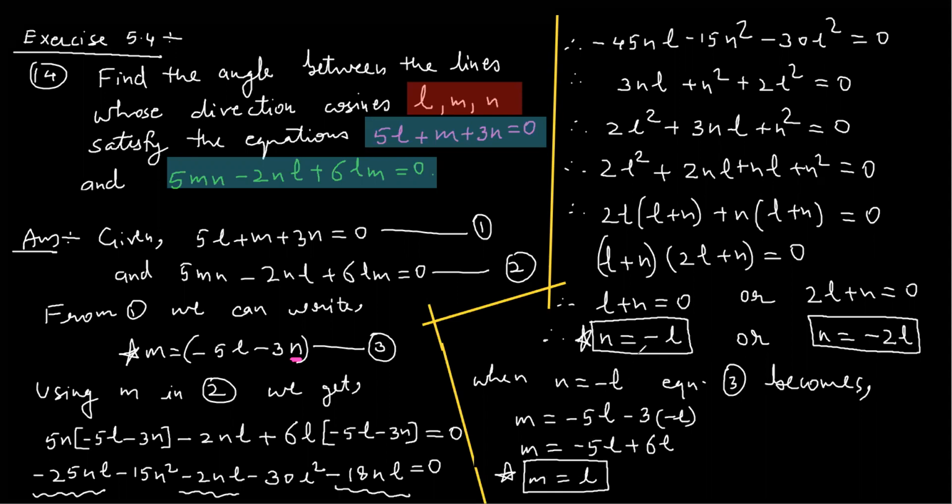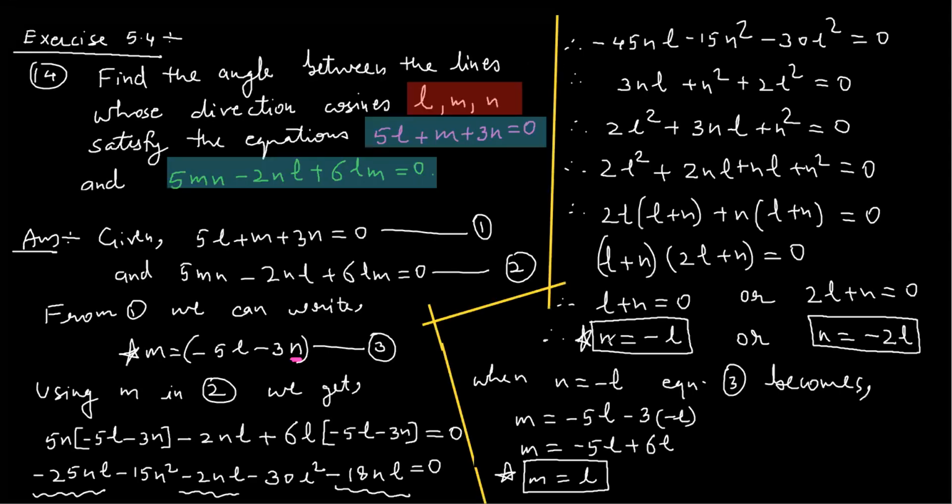Okay. So I will write hence we can write for one line, see what we can write. I can write n equals to minus L. Now see here, if n is minus L, what is L? L is minus n.